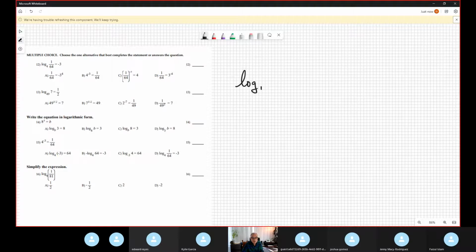Logarithm base 4 of 1 over 64. This is the argument. And the argument I like, some people know, for example, enclosed in the parentheses, but in my opinion, is very important. Is equal to -3. When you change to exponential, the base is obviously 4.